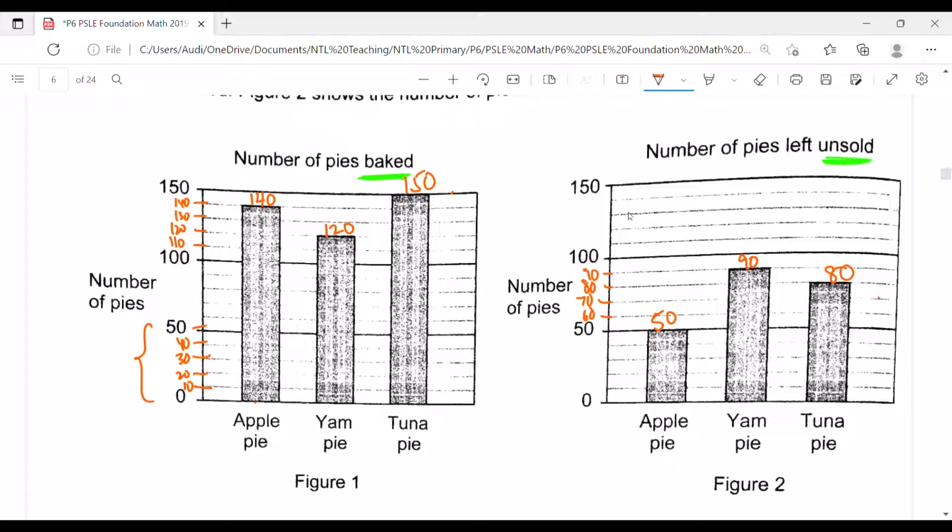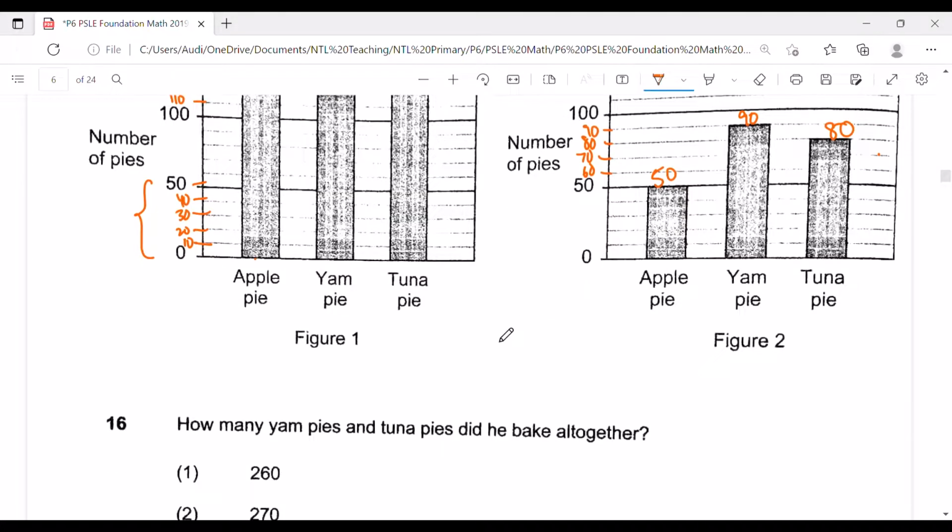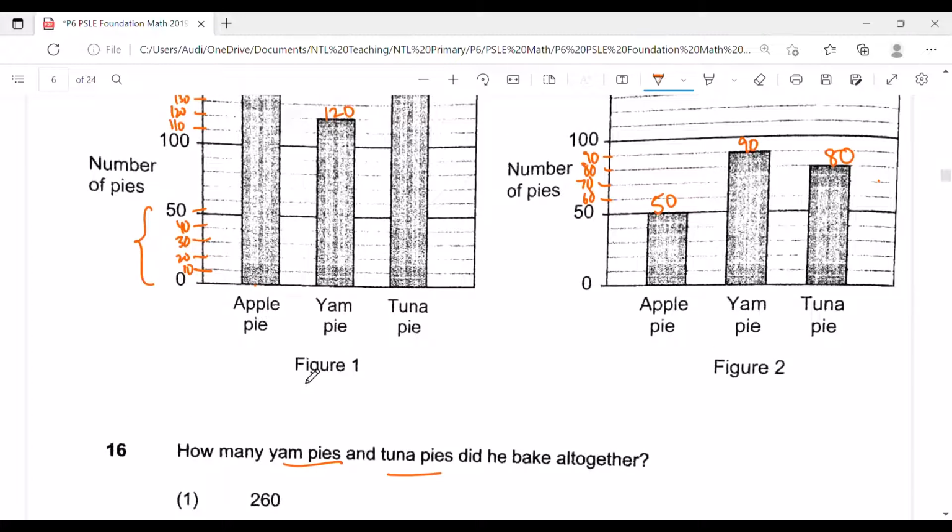Now we go to the question. How many yam pies and tuna pies did he bake all together? So yam and tuna, bake, right? Let me zoom out a bit.